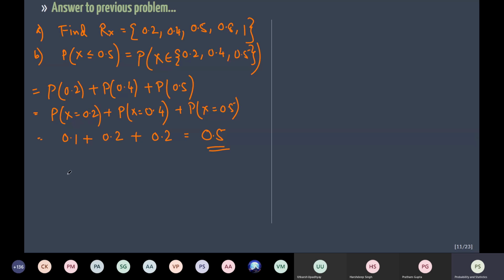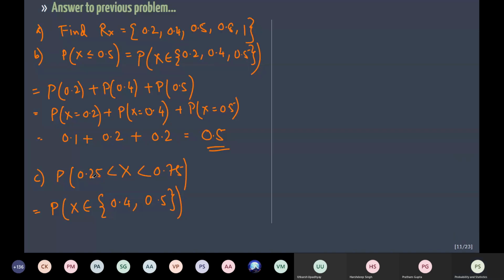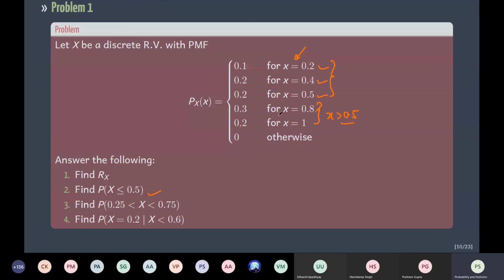Now the next question was the probability that 0.25 is less than x is less than 0.75. This is the same as the probability that x belongs to 0.4 and 0.5. The 0.25 range will cover from here, and 0.75 will stop here.